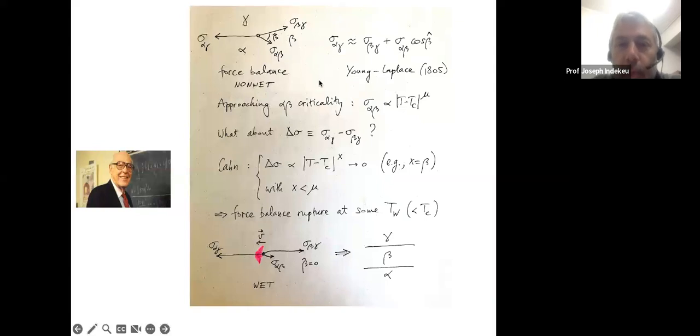So I have repeated the arguments up till here. And Cahn then proposed that this difference, which you can very well think of as the delta sigma star that we discussed in the mean field theory, and we'll come back to it soon, would also vanish as you approach the critical point with some exponent I call x, and he suggested that this exponent should be the bulk order parameter exponent beta, which in mean field theory takes the value 1/2, and which in three-dimensional fluid systems takes a value of approximately 0.3.